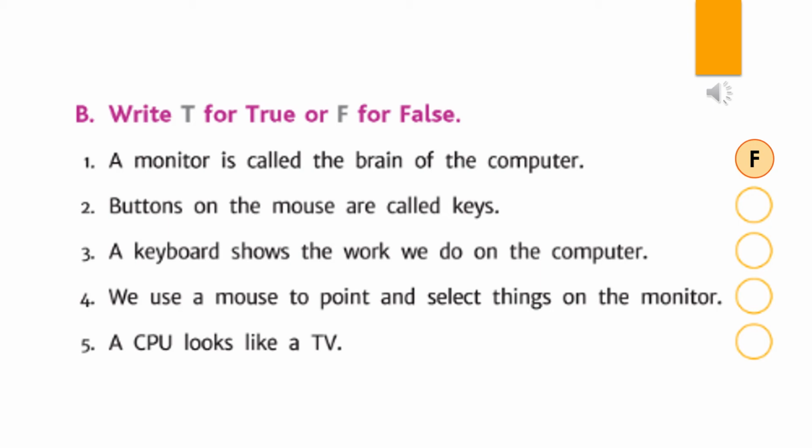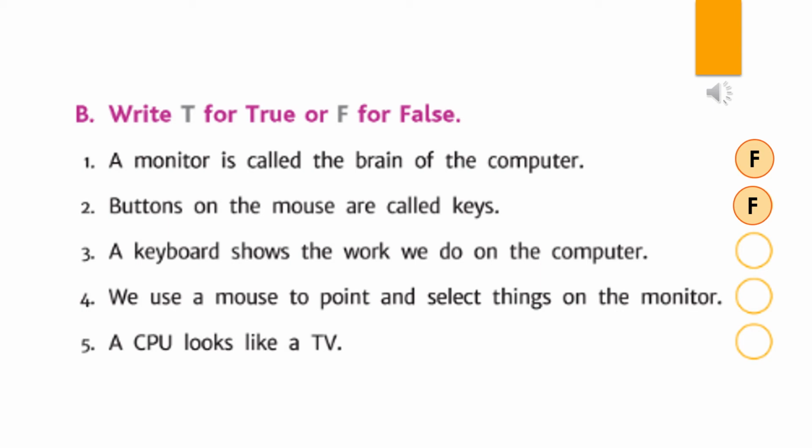The second question is, buttons on the mouse are called keys. So this is also false. Why is it false? Because the buttons on the keyboard are called keys, not on the mouse.